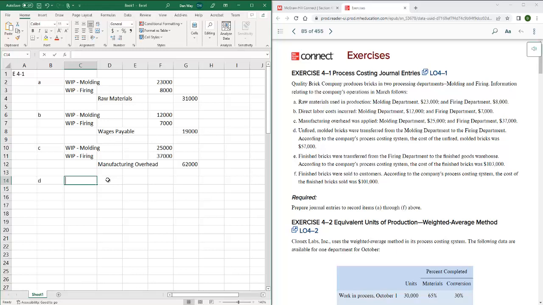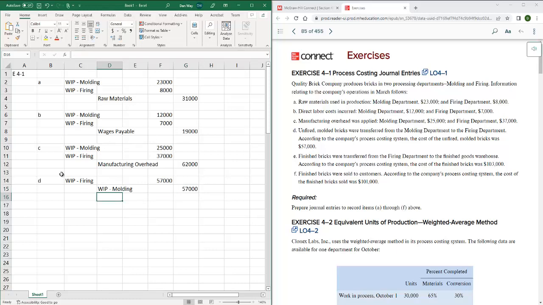So we're going to say work in process firing is increasing by the bricks that are being passed, 57,000. Where are they coming from? Well, they're coming from the work in process account in that molding department, same 57,000.